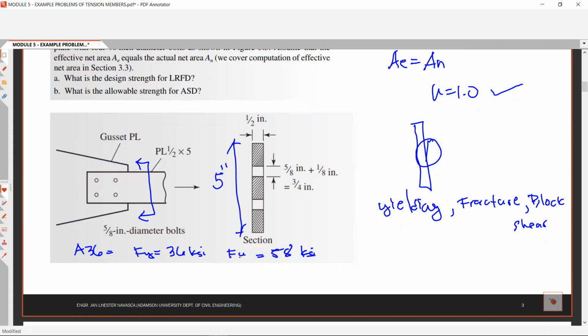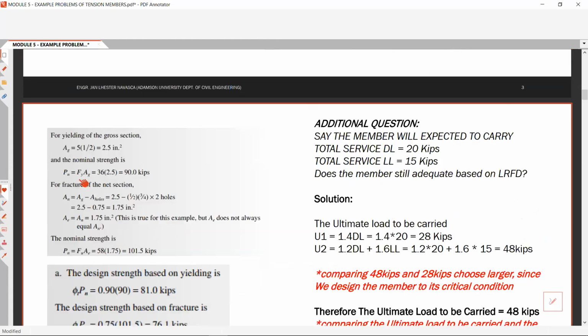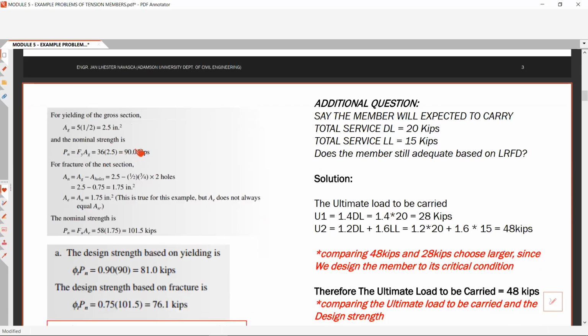We are using the minimum Fu for A36. So Fy is 36 ksi and Fu is 58 ksi. Therefore, our nominal strength based on yielding is 36 times the gross area of 2.5, which gives 90 kips. Set aside this value.